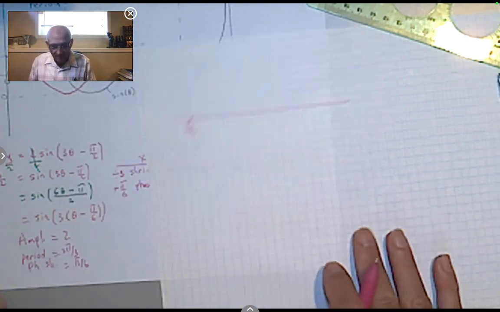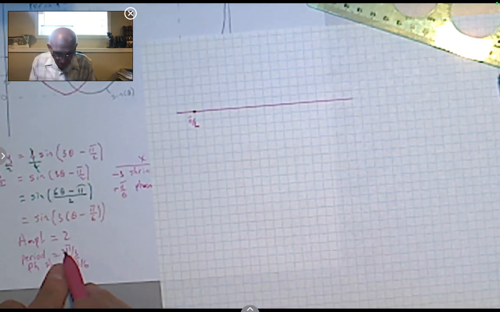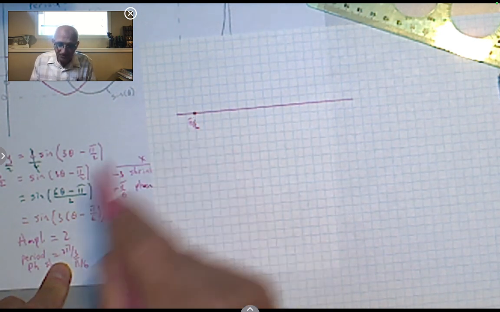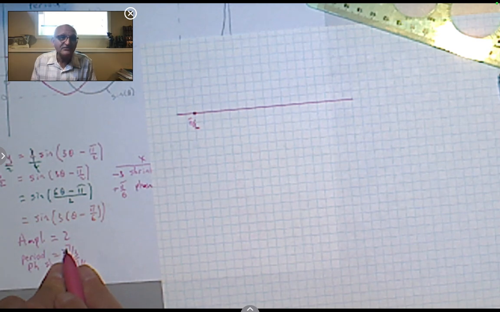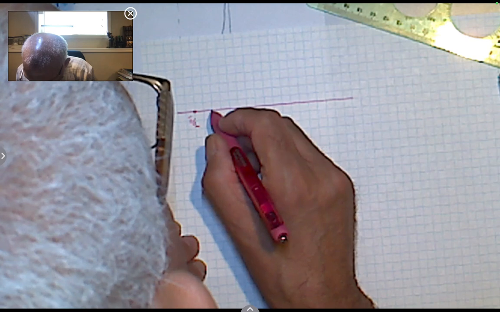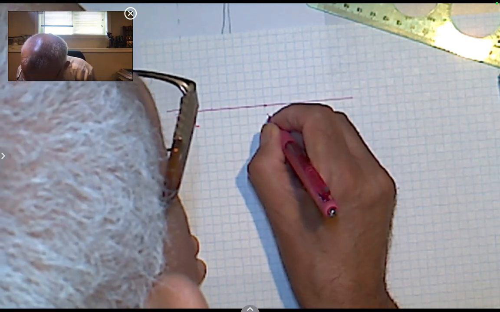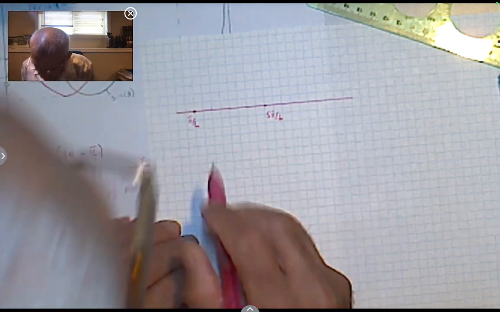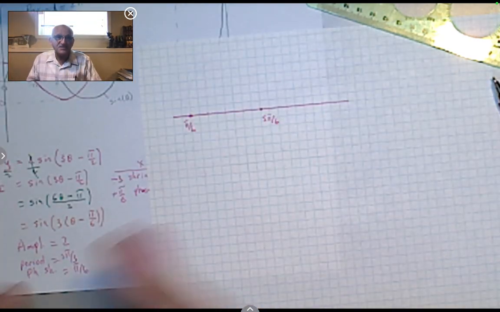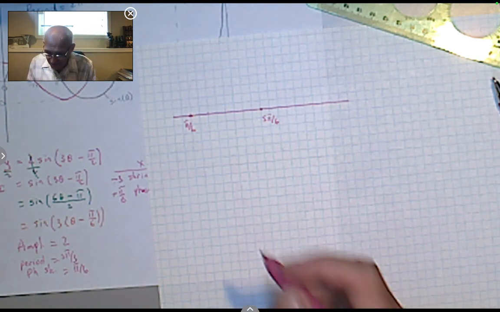And the length or the period is 2 pi over 3, meaning 4 pi over 6. Pi over 6 plus 4 pi over 6 is 5 pi over 6. Let's say this is 1 pi over 6, 2, 3, 4, 5. So this point is 5 pi over 6. That distance is 4 pi over 6, right? 2 pi over 3, but 4 pi over 6.